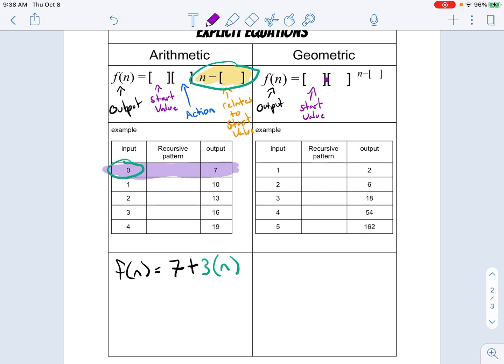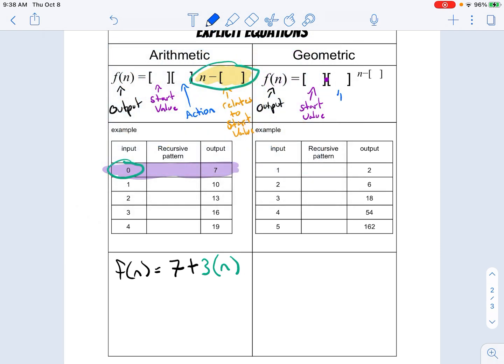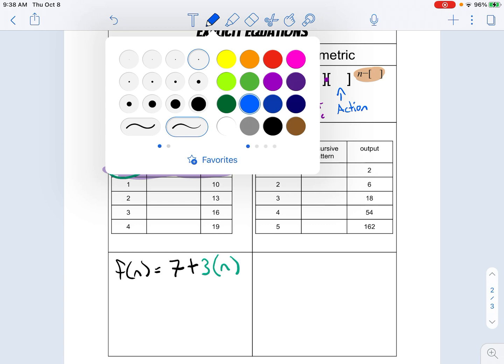And this is going to be multiplied by, in this case, our action, which is 3. And then this is how it relates to our start value, and we'll show what that means.